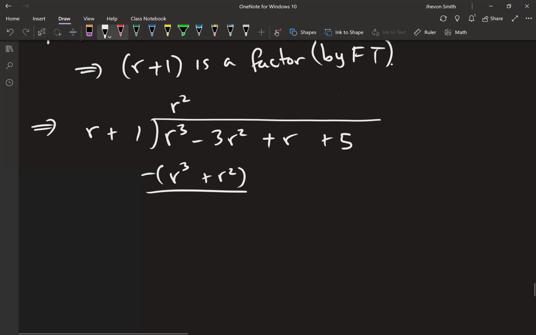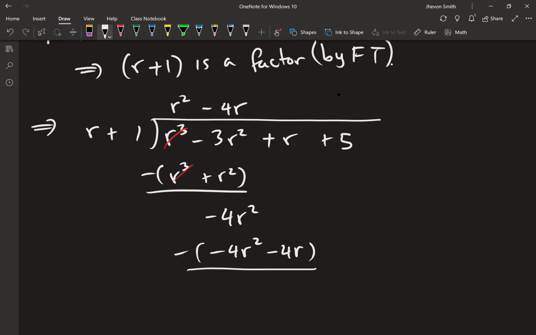Of course, my r cubes now will cancel. And then here I have minus 3r squared minus r squared, so I get minus 4r squared. Then you repeat. R into minus 4r squared goes minus 4r. Minus 4r times r gives me minus 4r squared. Minus 4r times 1 gives me minus 4r. I'm going to subtract that from above. This r comes down.